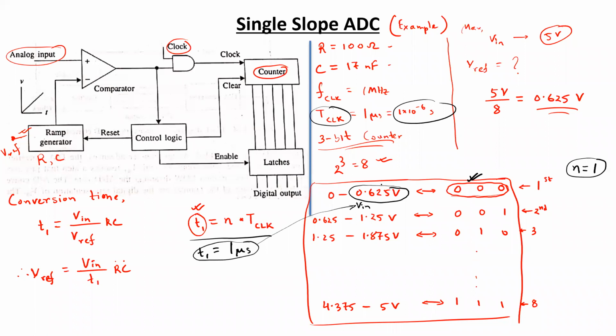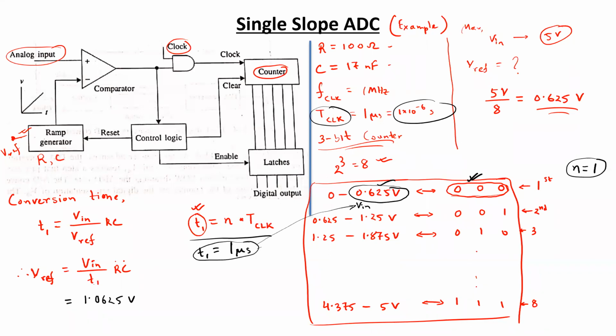So if you put these two values in this relation, which is 0.625 and 1 microsecond, and the values of resistance and capacitance that you already have, you will find the reference voltage to be 1.0625 volts. So that would be your corresponding reference voltage.